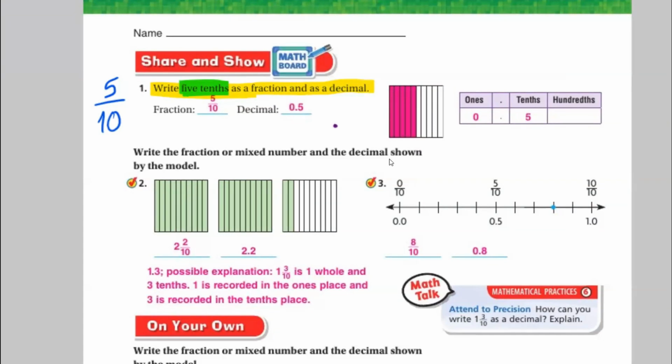No. Yeah, pay attention. So there is no whole number, right? So we're going to put 0 on the left of the decimal point. After that, what is the numerator here? The numerator here is 5, so we're going to write 5. So that's our decimal number.